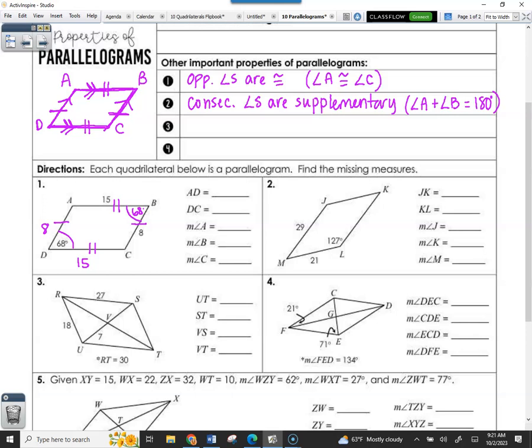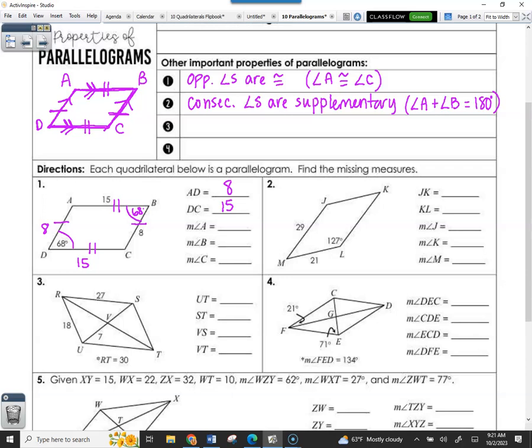It says, what's the length of AD? That would be the edge, the side. It's 8. What's the length of DC? 15. What's the measure of angle A? I don't have that one, right? But do I have enough info? If you know at least one angle in the parallelogram, you can find all 4.